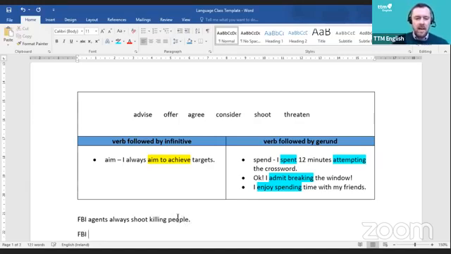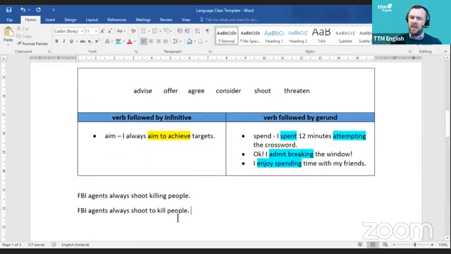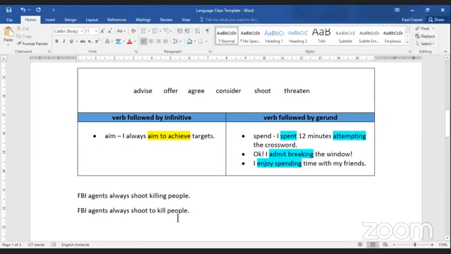Or FBI agents always shoot to kill people. What do you think looks better? What feels better? One. FBI agents always shoot killing people. No, Sophia. The second. It's the second one.